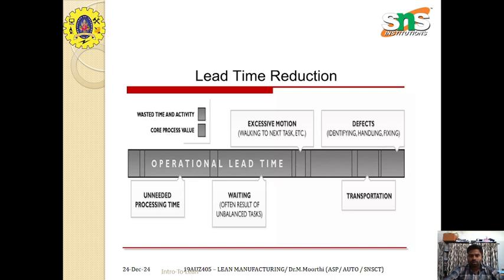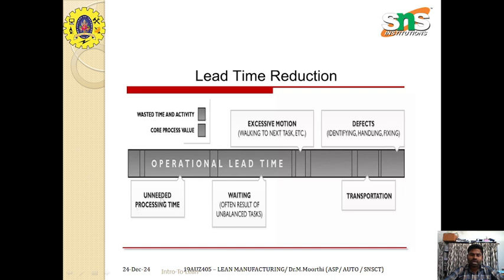The working stations should be kept as close as possible, so that the motion between one stage and the next is minimized. Then defects: we have to deliver a defect-free product, and for that we have to identify the proper process, handling method, and fixing.